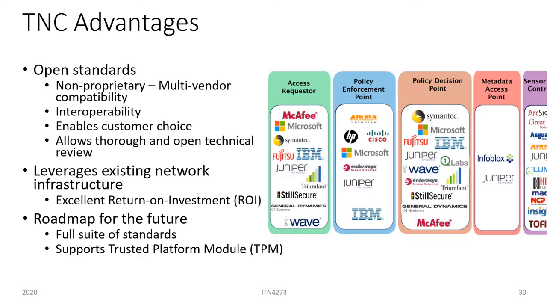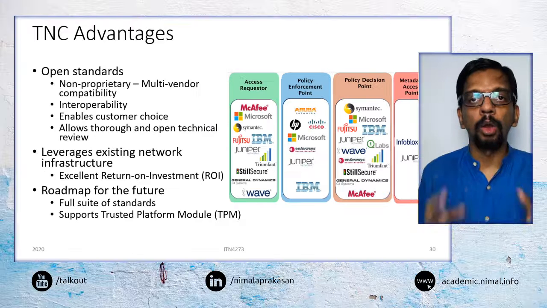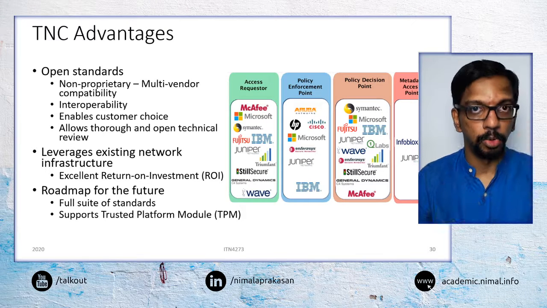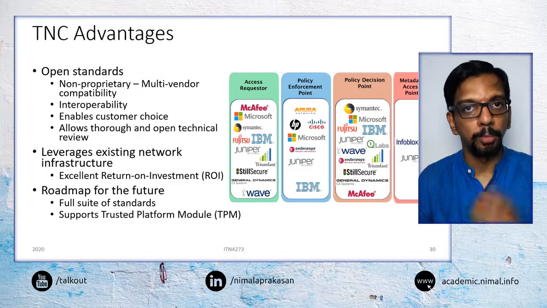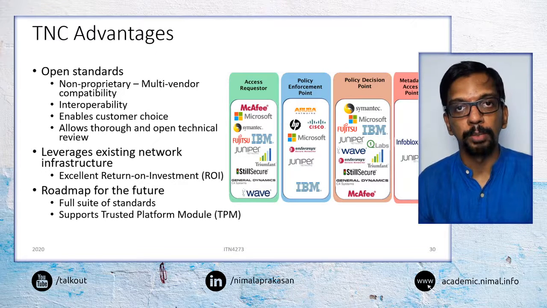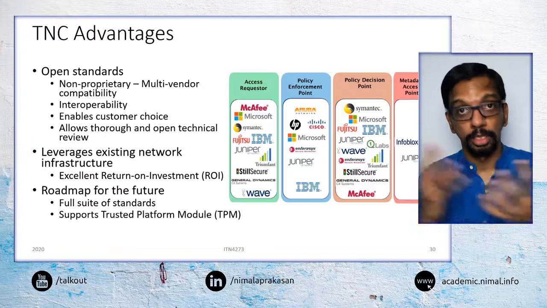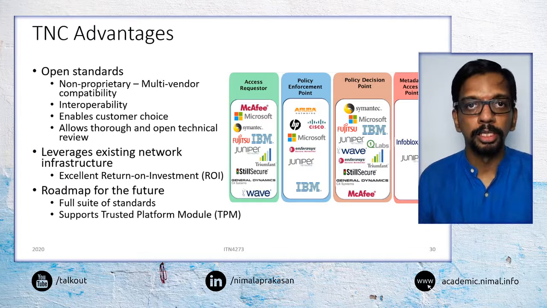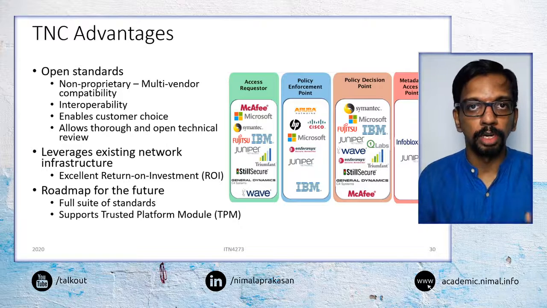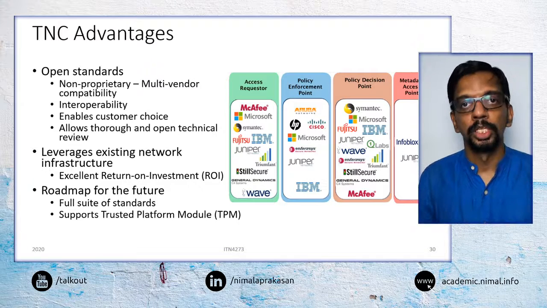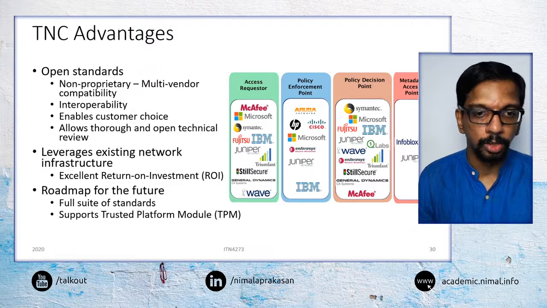So the main advantage of TNC, or any open standard, is the fact that it is an open standard. So it is not a proprietary service or proprietary system. So it can be implemented by multiple vendors, and it is implemented by multiple vendors. And given that, the interoperability is much higher, because you can connect different devices from different vendors and still use the same sort of mechanisms, technologies, and so on.